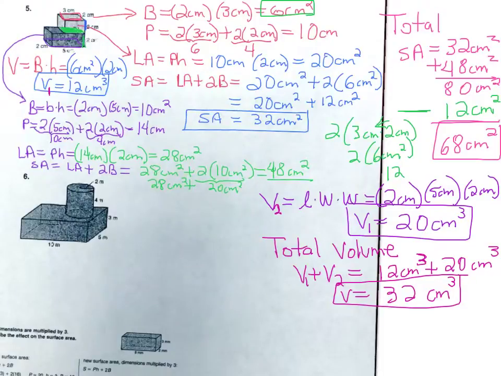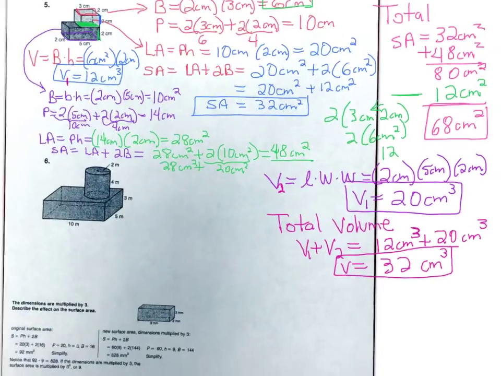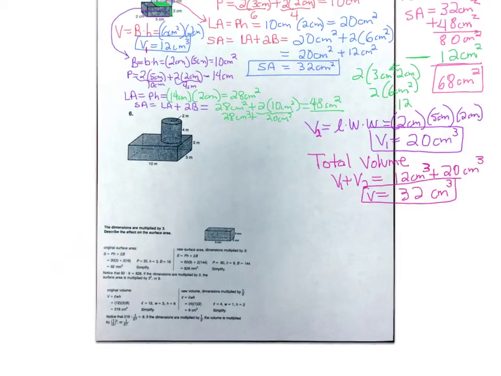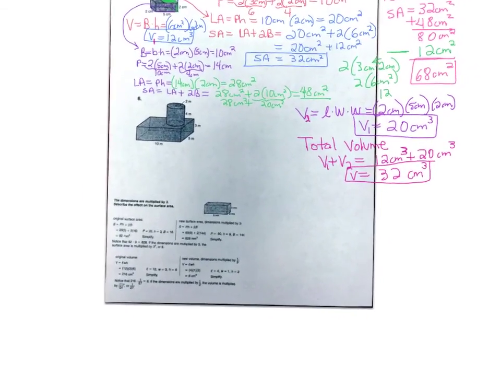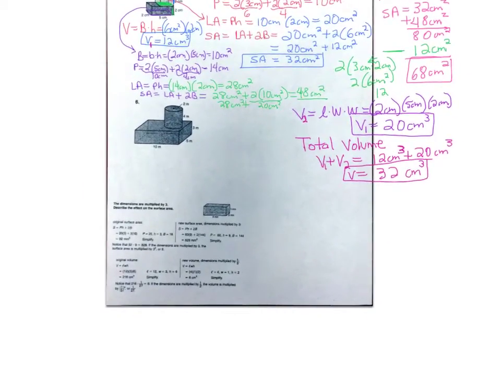So that is example number 5. Now example number 6. Please try example number 6. I'm going to give you about 3 minutes to work on number 6. So please stop this video, Ms. Valdez, for about 3 to 5 minutes, depends on how much time they need.